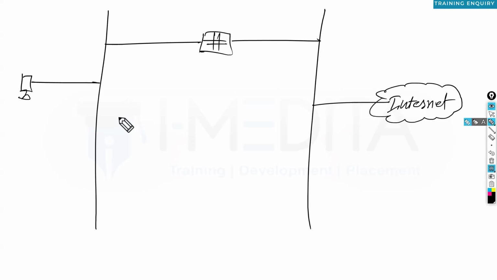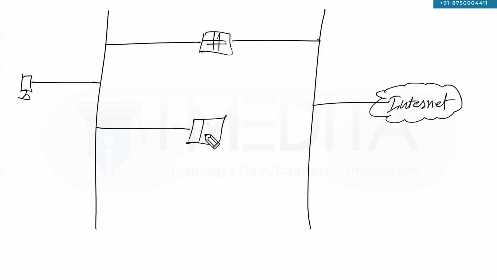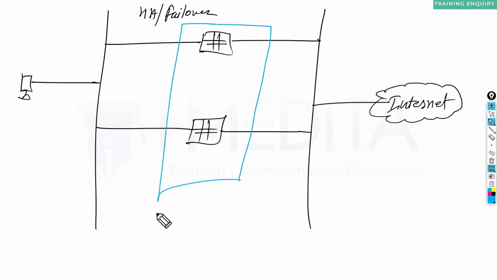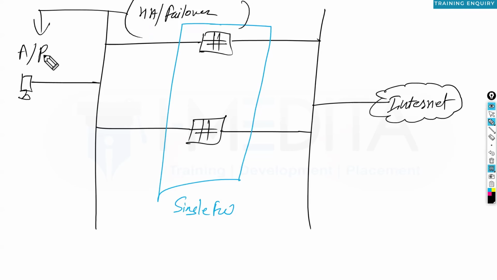To solve this single point of failure, all vendors' firewalls support a feature or solution called failover or HA. With the help of high availability or failover, we can group multiple firewalls together and treat them as a single firewall. HA is available in two modes. One is active passive.